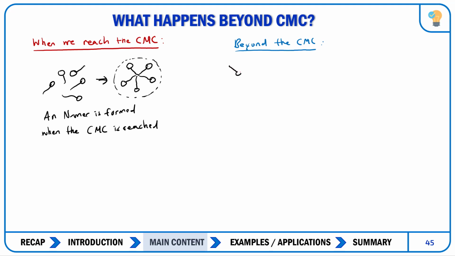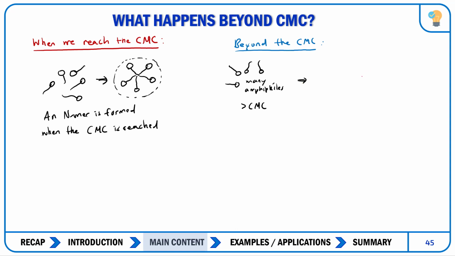So let's say you have tons of these, many amphiphiles. Then the concentration of these amphiphiles would be much greater than the CMC.